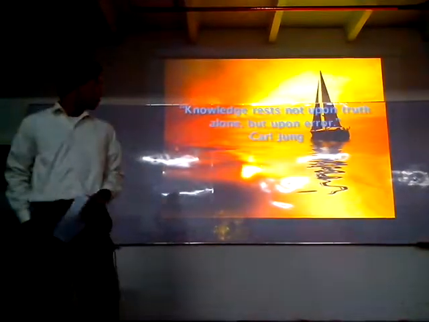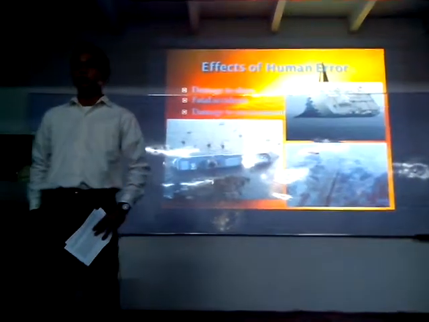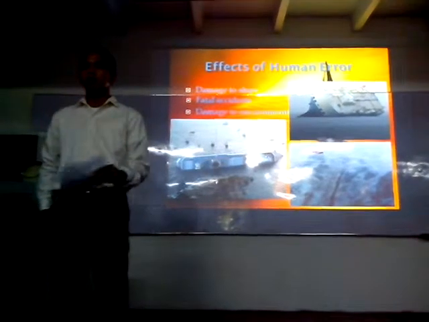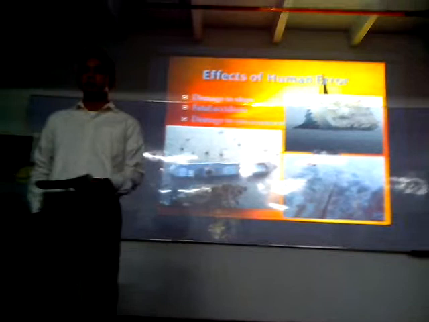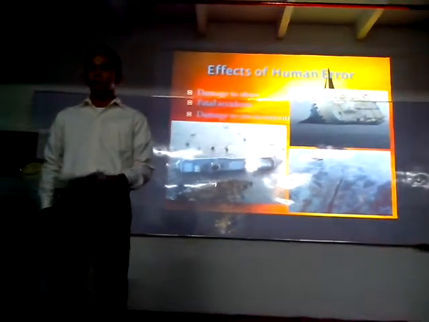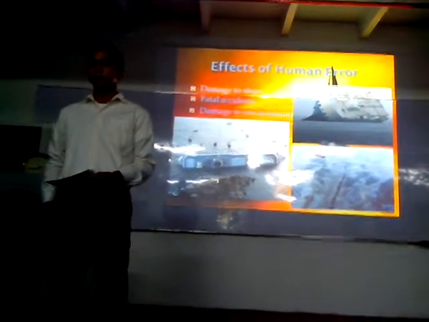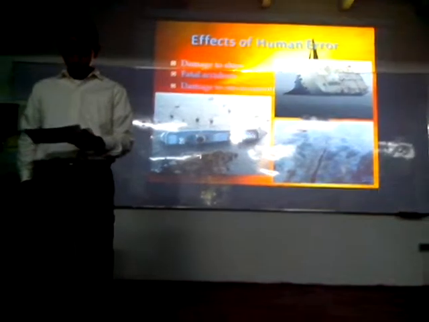Next is fatal accidents. It will also cause fatal accidents because everyone on board, or the passengers' lives, are in your hands. So if you make some errors, then the passengers or the other people on the ship will suffer.